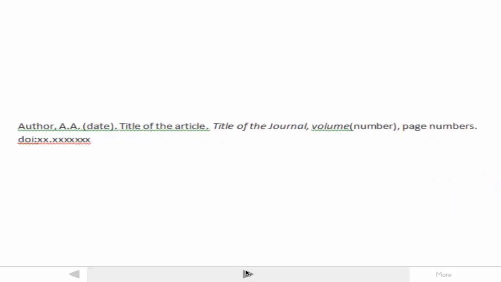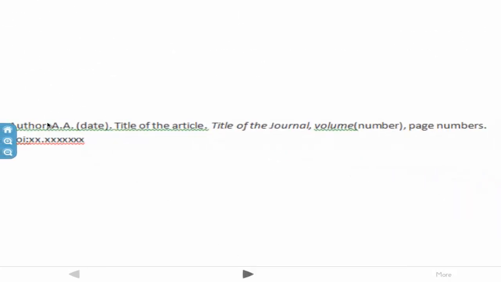So starting off with articles, you begin with the author's last name, followed by a comma, first initial, and a period, followed by the date in parentheses, followed by a period. Then the title of the article, title of the journal, and the volume number, both italicized. The issue number, which is not italicized, in parentheses, followed by a comma, and then ending with the page numbers and a period. If the article has a DOI, you conclude by adding the DOI number.